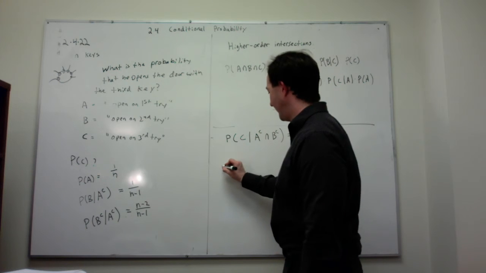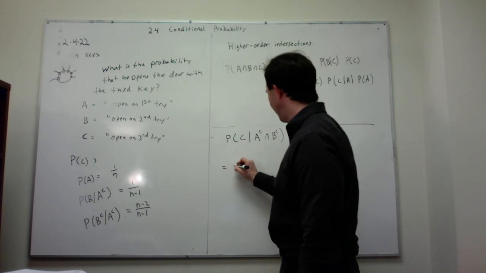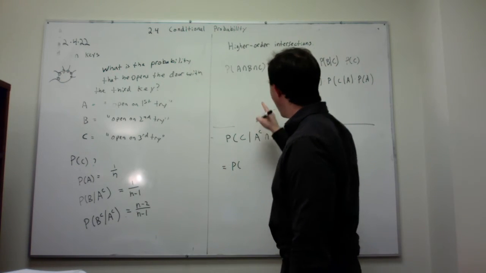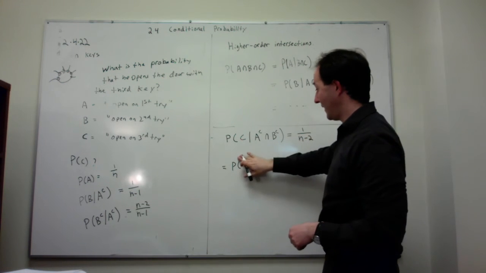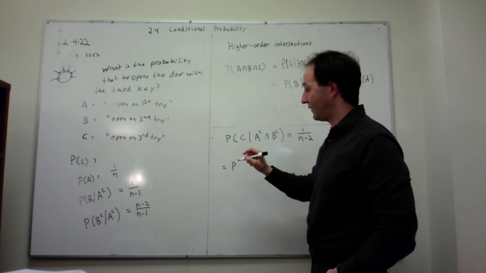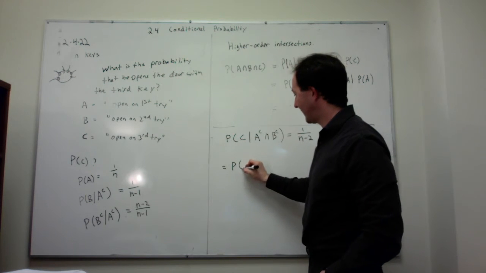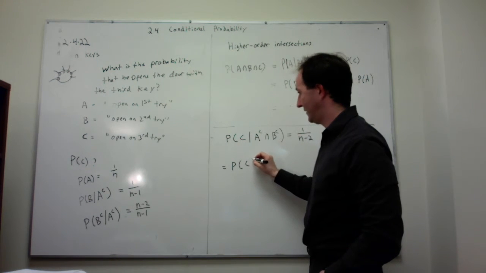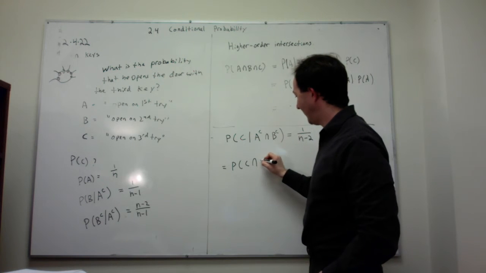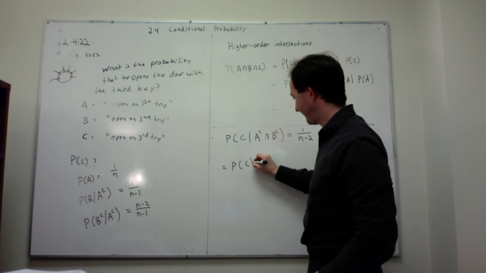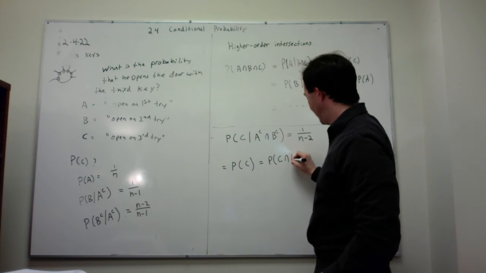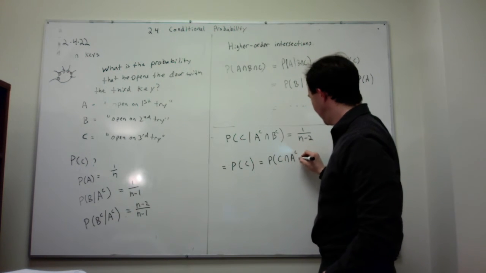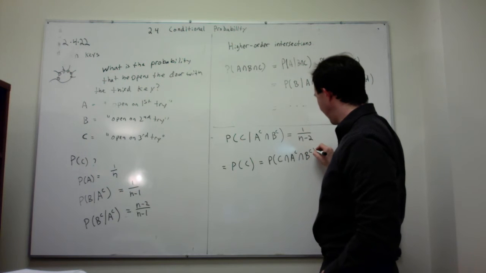So I guess I didn't do this in the most obvious way, but one of the factorings I could do for this is to say the probability of C occurring, well, I can first write it this way.